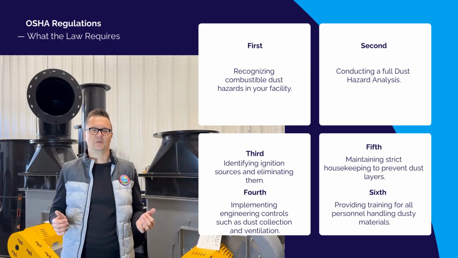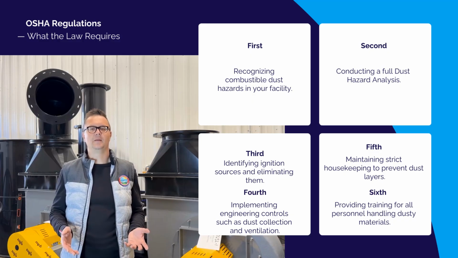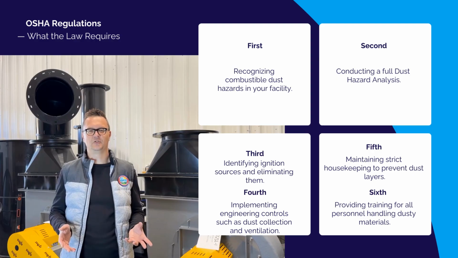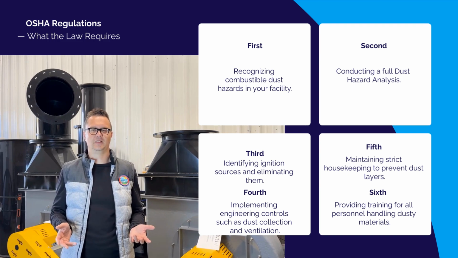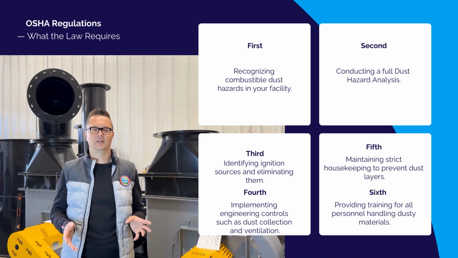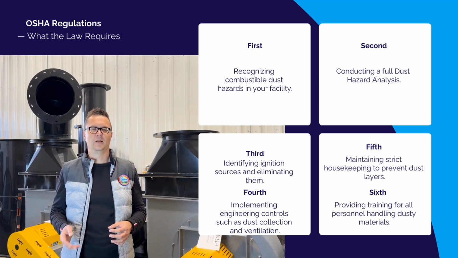OSHA regulations. What the law requires. The Occupational Safety and Health Administration, OSHA, provides the regulatory foundation for combustible dust safety. Their guidance emphasizes: first, recognizing combustible dust hazards in your facility. Second, conducting a full dust hazard analysis. Third, identifying ignition sources and eliminating them.